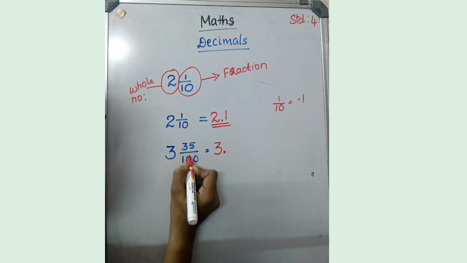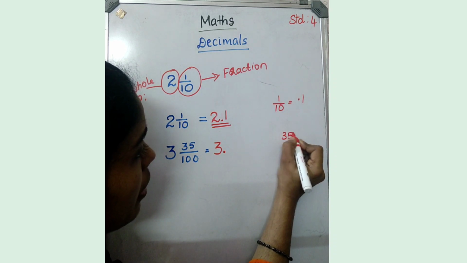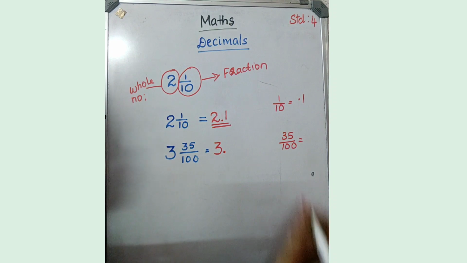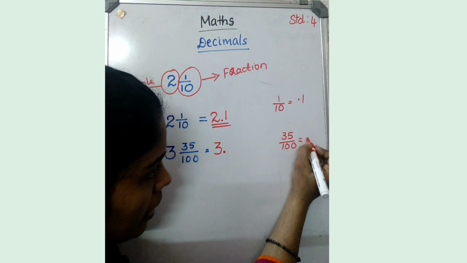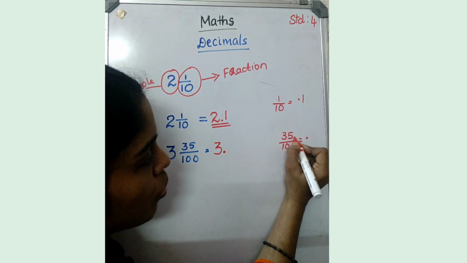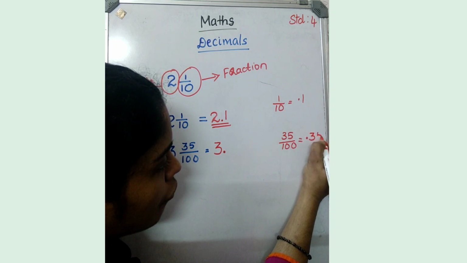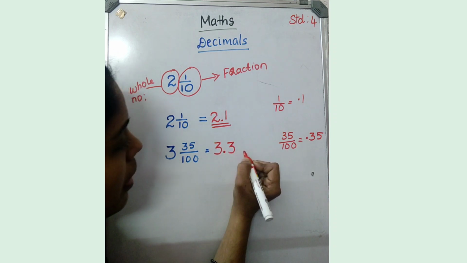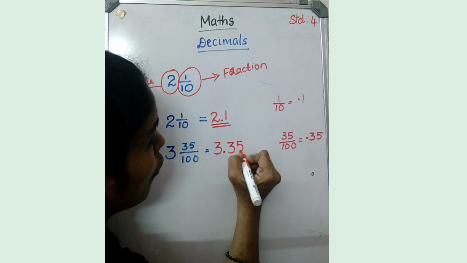Then 35 by 100. Here there are 2 zeros, so we put the point with two decimal places, that is 0.35. So the decimal number of this fraction is 3.35.